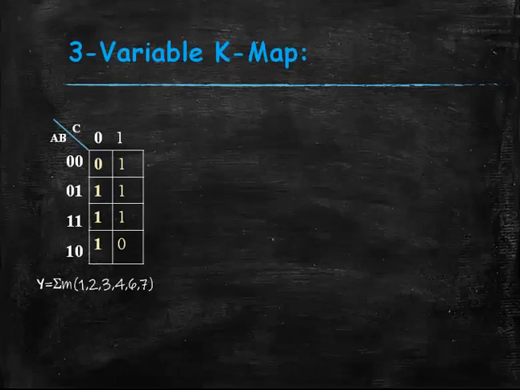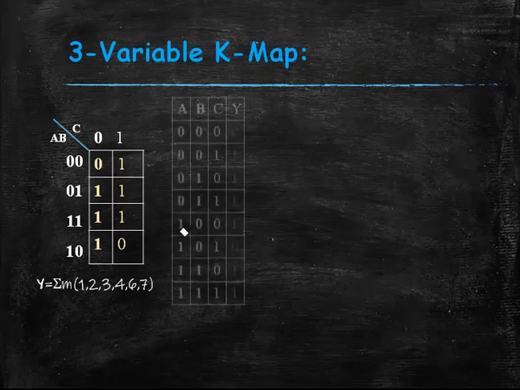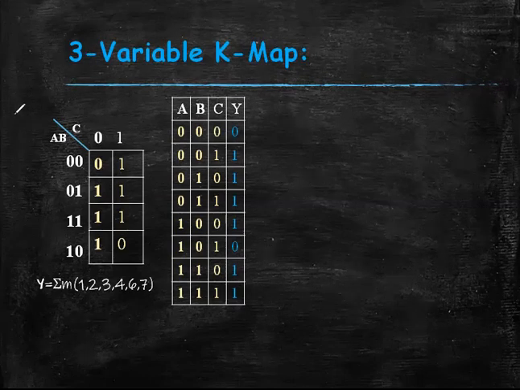Okay, here the K-map corresponding to the SOP is this one. There are 6 ones corresponding to 1, 2, 3, 4, 6, 7. Okay, and the corresponding truth table is given. You should group the ones and minimize. It is problem number 3.